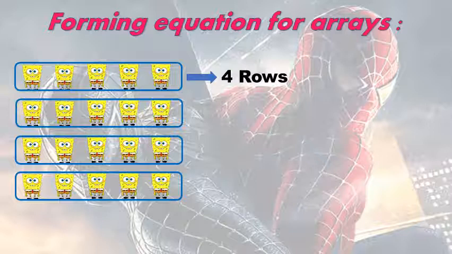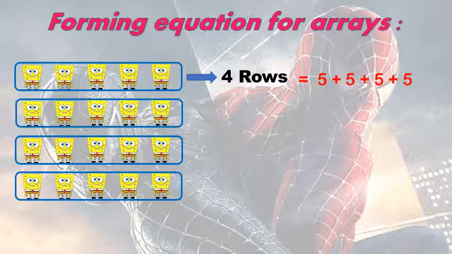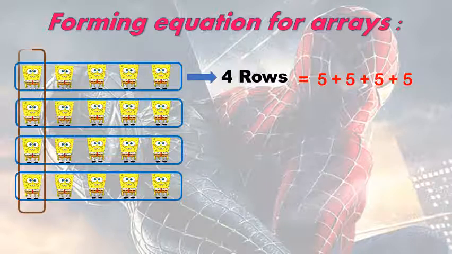And inside these 4 rows we have what? We have 5 ones of SpongeBob. So we are going to put 4 rows equals 5 plus 5 plus 5 plus 5. So the 5 is repeated 4 times for the 4 rows.